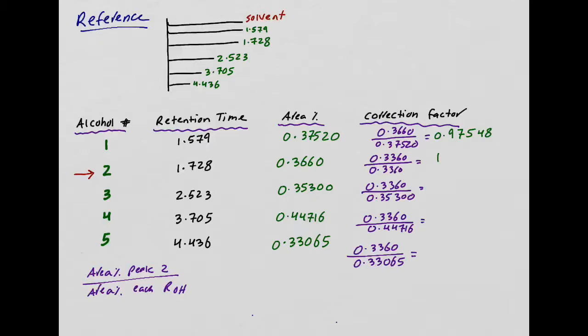That makes it easy. The next one, 0.3360 divided by 0.35300. When we do that, I get 0.95184. Okay, for the next one, 0.3360 divided by 0.44716.